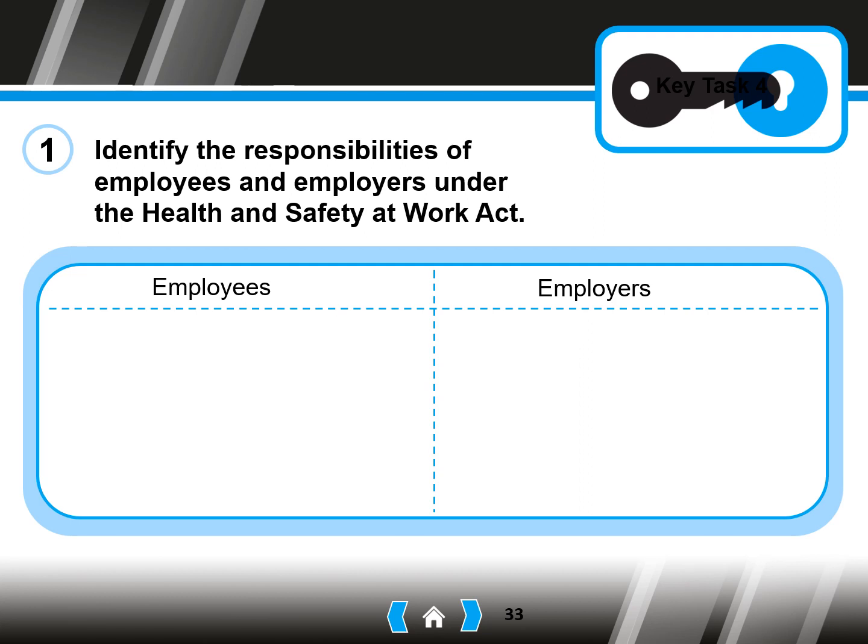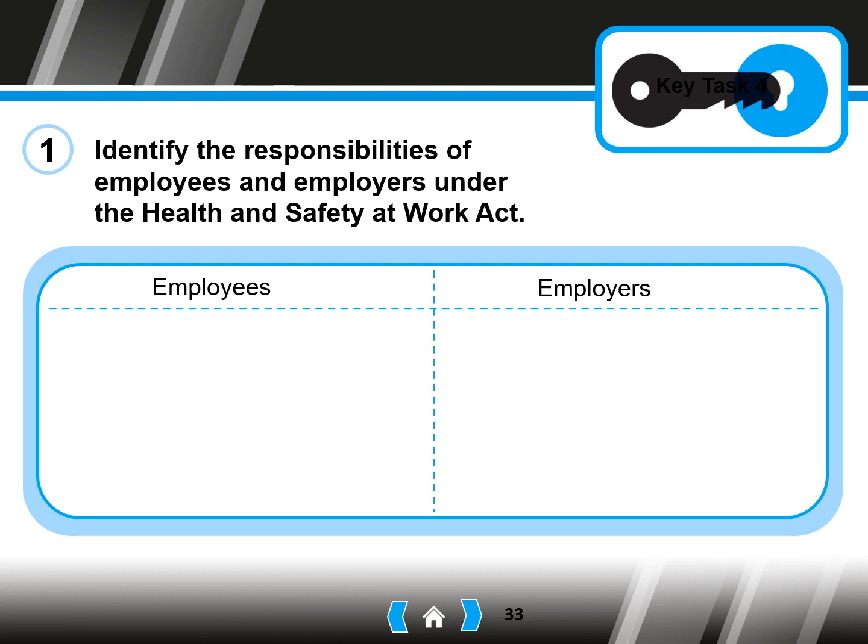Okay, if you need to go back, it's up to you, but you need to make notes on these questions that are likely to come up in your assessment paper on your final day and also on your online training. Identify the responsibilities of employees and employers under the Health and Safety at Work Act.